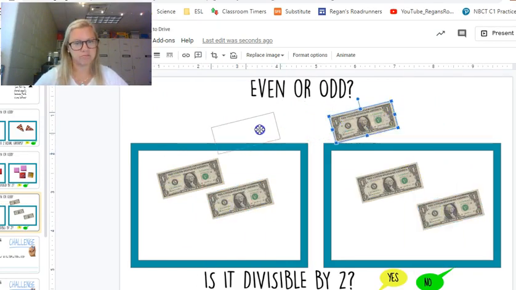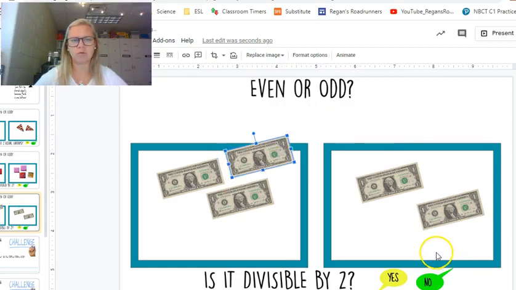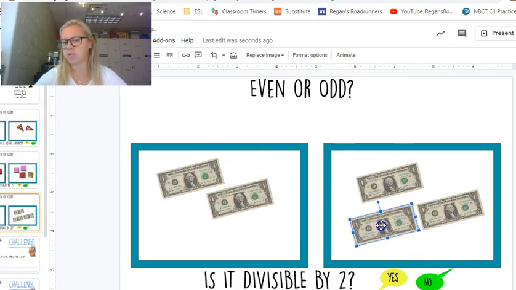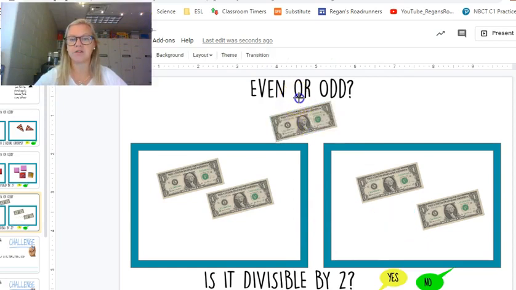Whoa, wait, hold on. If I put it over here, are my groups equal? No, okay. So if I put it over here, are my groups equal? No. So what that means is I have $1 left over. So can I split them into two equal groups? No, I have a leftover. Can I divide it by 2? No, I have a leftover.